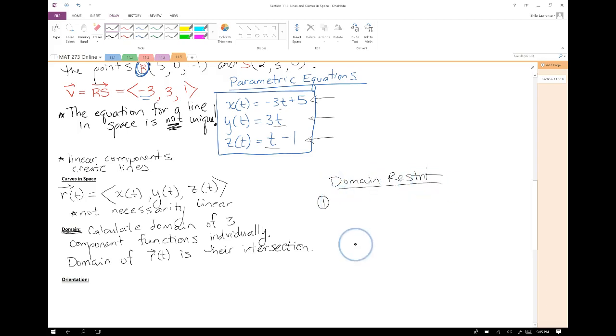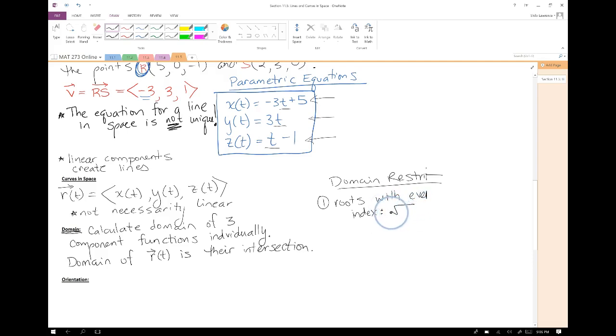So one of the types of functions that we learn in algebra that has a domain restriction are roots with even indices, so like a square root, or a fourth root or an eighth root.